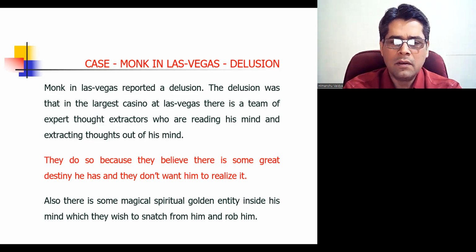Also, there is some magical spiritual golden entity inside the mind of the monk, which this team of experts wish to snatch from him, extract from him, and rob him. This is the delusion of the monk living in Las Vegas.